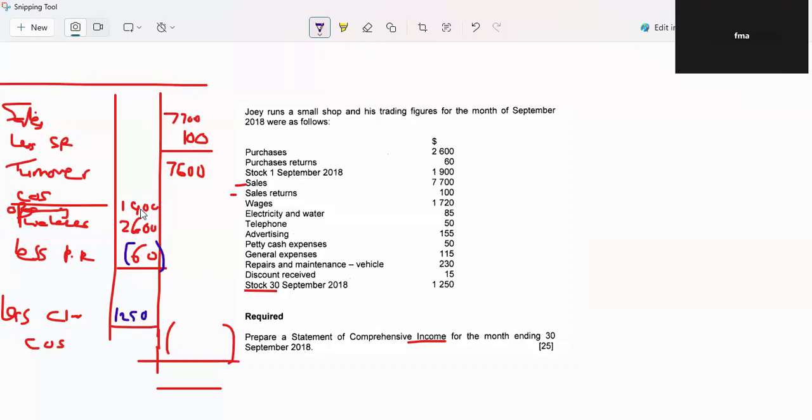So 19 plus purchases 26 minus returns 60. What are we getting? It's giving us 4,440.